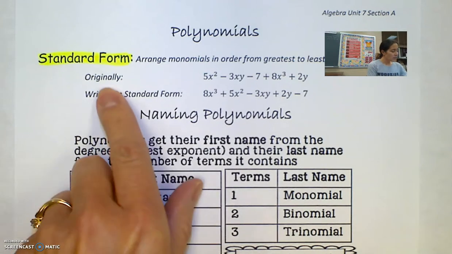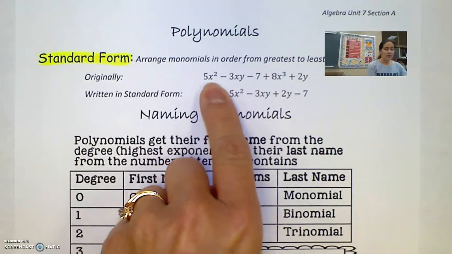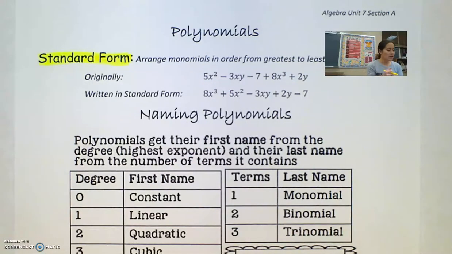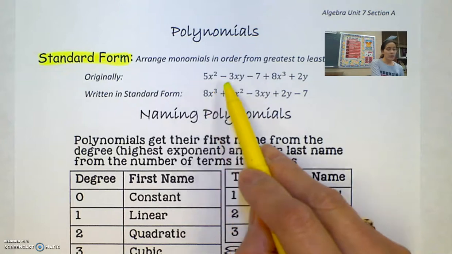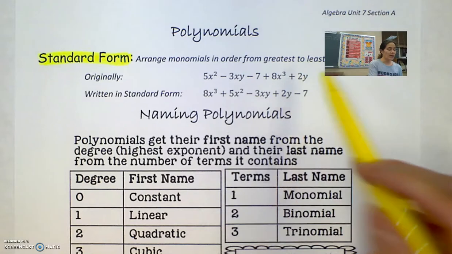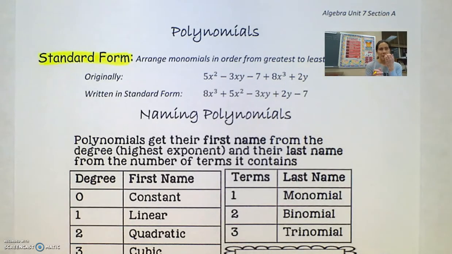So if we originally have, let's say, just a bunch of variables and numbers together, then we have 5x squared minus 3xy minus 7 plus 8x to the third plus 2y, and they're just kind of all over the place. So sometimes people would put them in order alphabetically, but in math we want to put them in order in standard form.